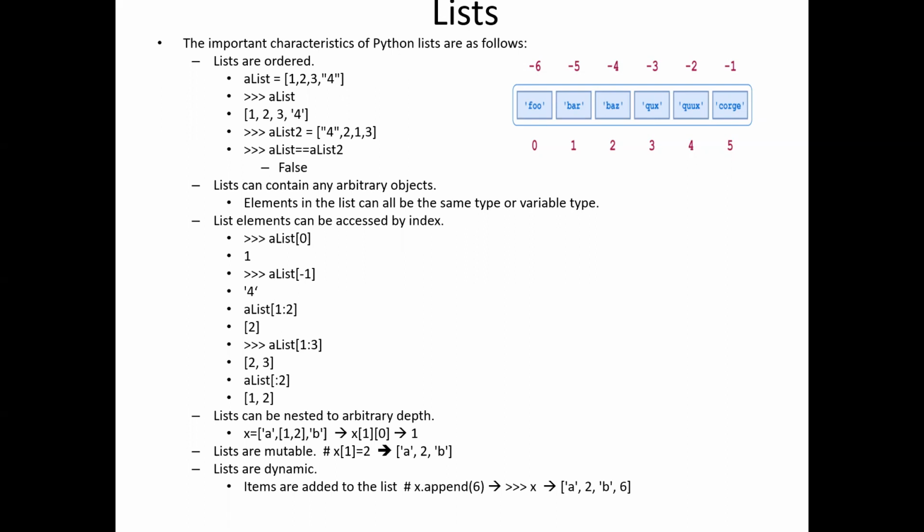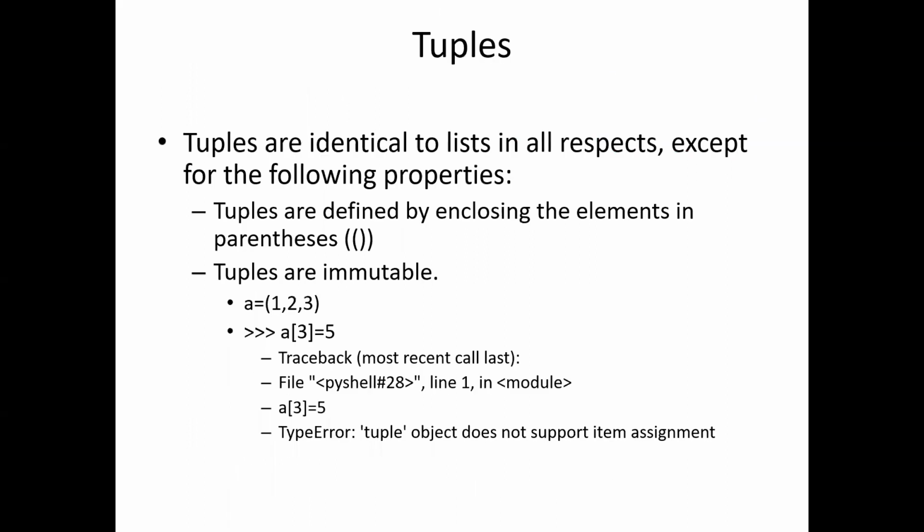Tuples. Tuples are identical to lists, but the main difference is that lists are mutable, whereas tuples are immutable. Lists are enclosed in square braces, whereas tuples are enclosed in ordinary braces.